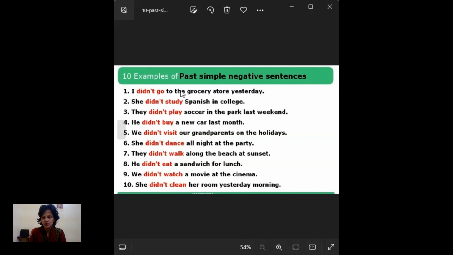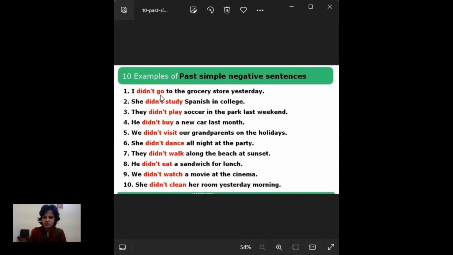We should not say it like that. It will be wrong. I did not go. We should use the base verb form. She didn't study. She didn't studied would be wrong. They didn't play. We are using did plus not here, so we should not add ed. If we add it, it will become wrong. This thing we should keep in mind.